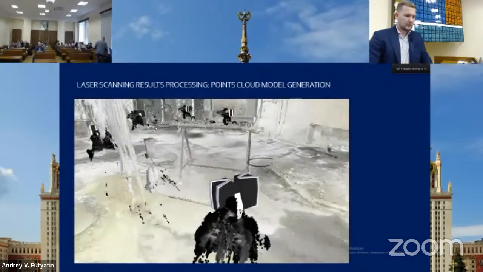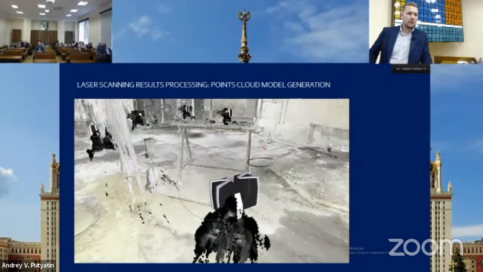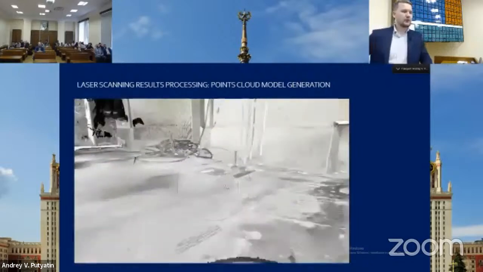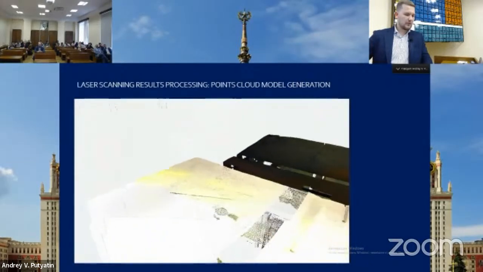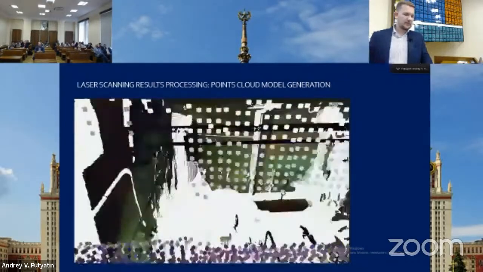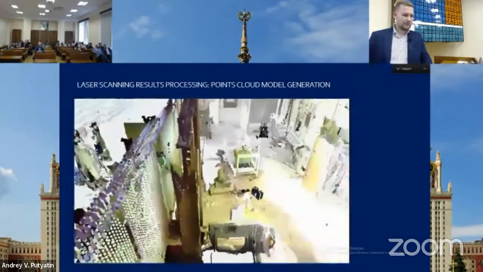So this point cloud model is built from the point clouds obtained in different rooms of the facility. So you can easily move downstairs and see the next room, what is there.